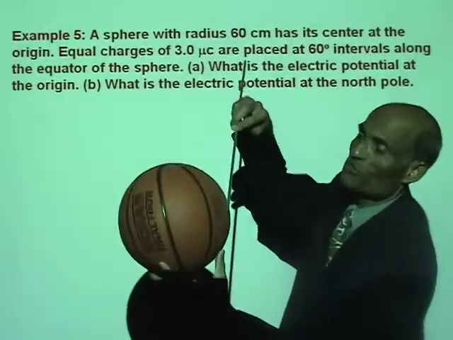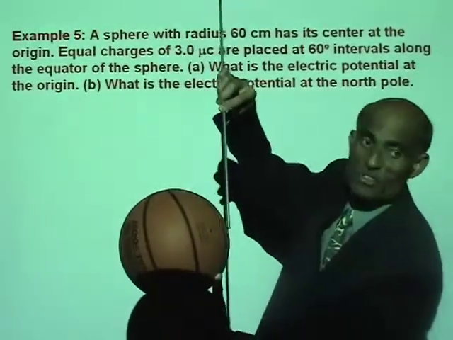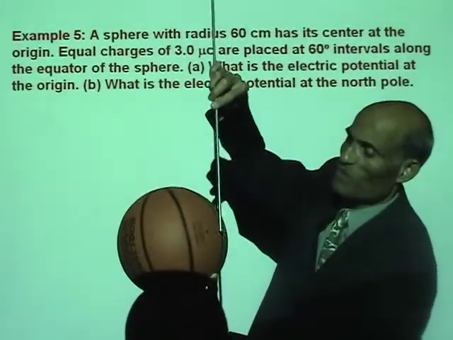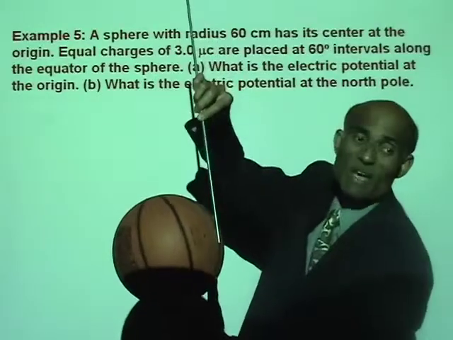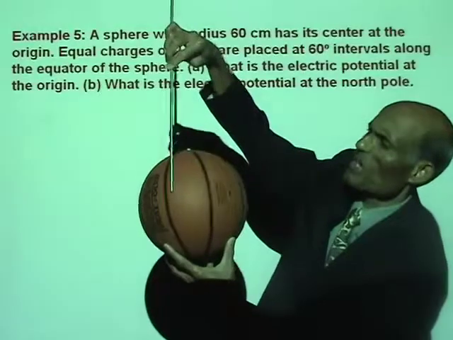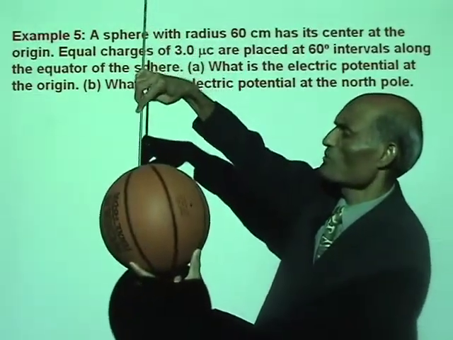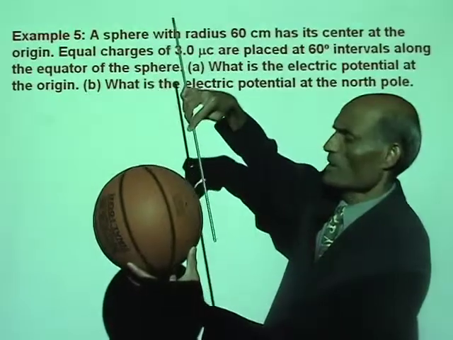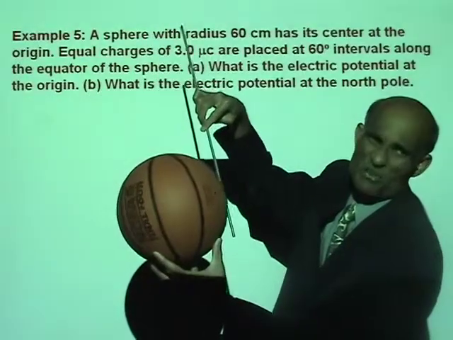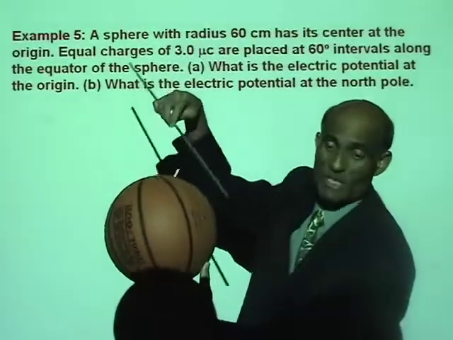Now look, this is the equator. Is that right? So place the charges at 60 degrees interval. So how many charges can be there? There's one there, 60 degrees the second charge, another 60 degrees the third charge, another 60 degrees the fourth charge, and so on. So it'll be how many? 6, is that right? 6 times 60 is 360 degrees.